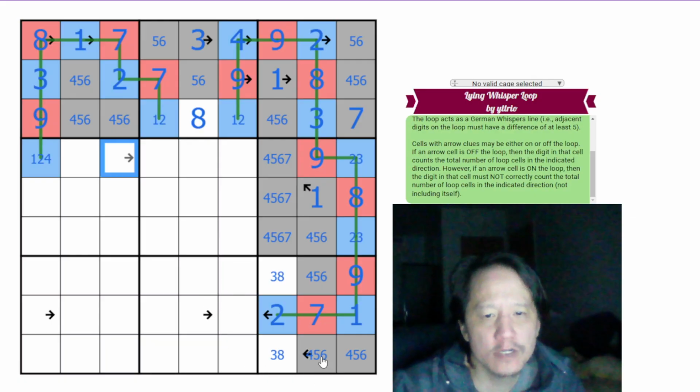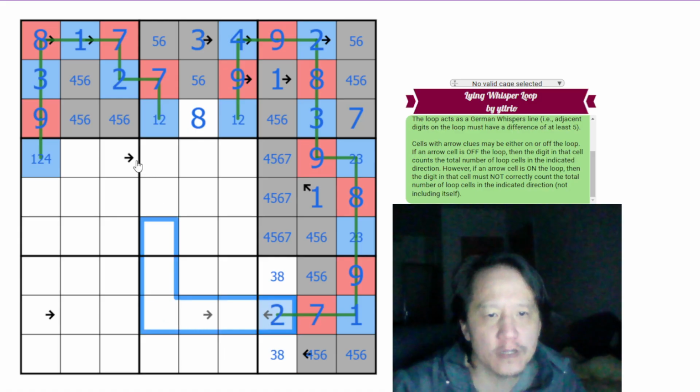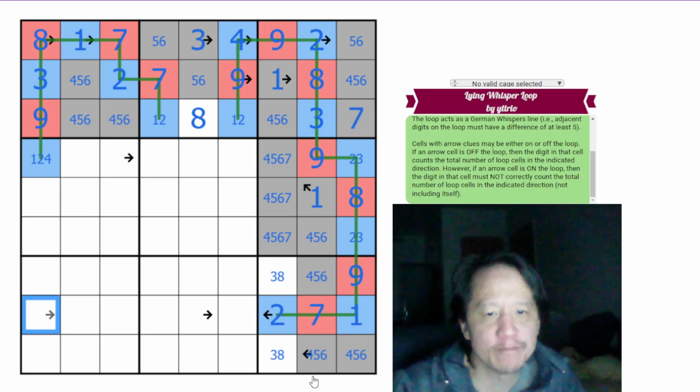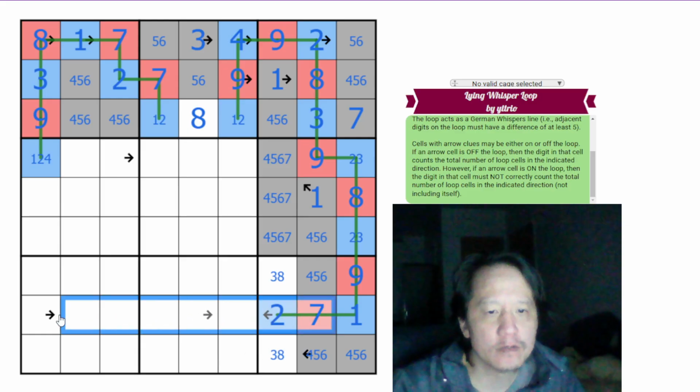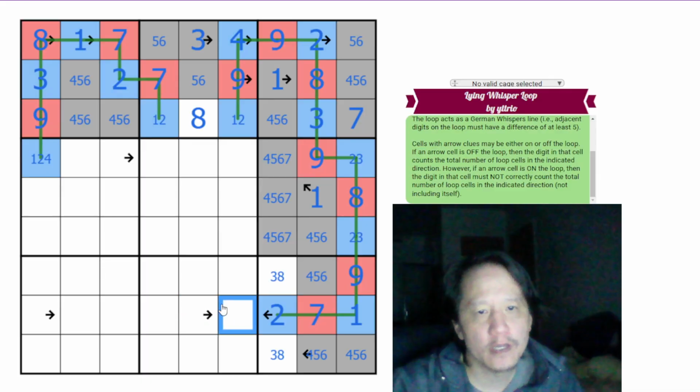So it's really just these arrows that we were worried about. And that mixed with German whisper. So if it continues this way, this would have to be 8. This would have to be 3. 8, 3, 9.